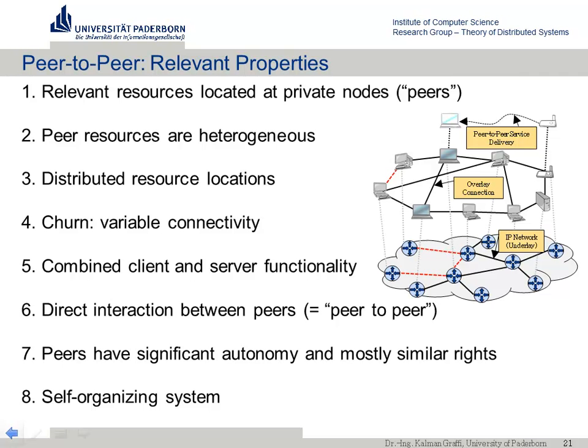That means the variable connectivity. So peers fail at random times and we cannot control it, but we have to live with it. And new peers also come, of course, but that's still a problem. Then the combined client and server functionality, the direct communication between the peers from peer to peer. The peers are autonomous, and it's all self-organizing.